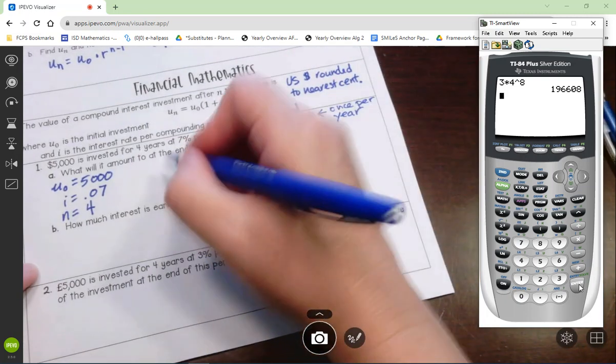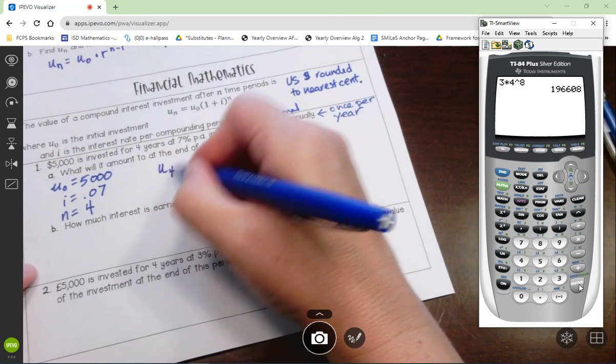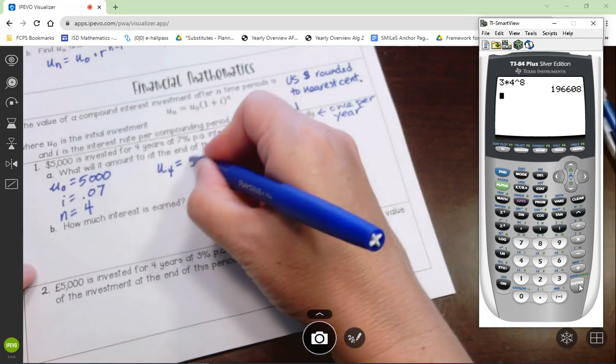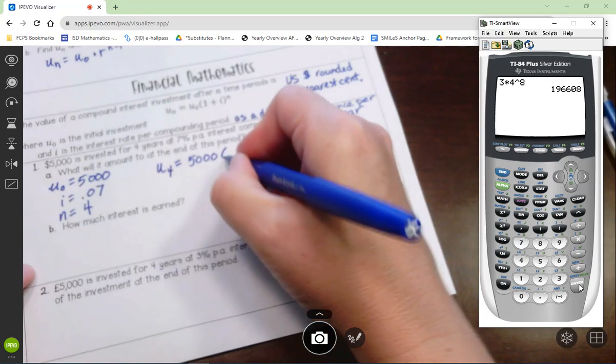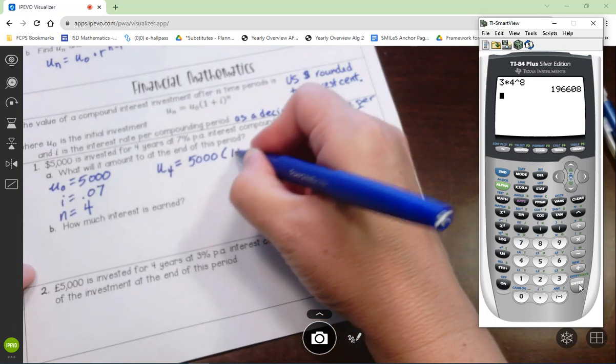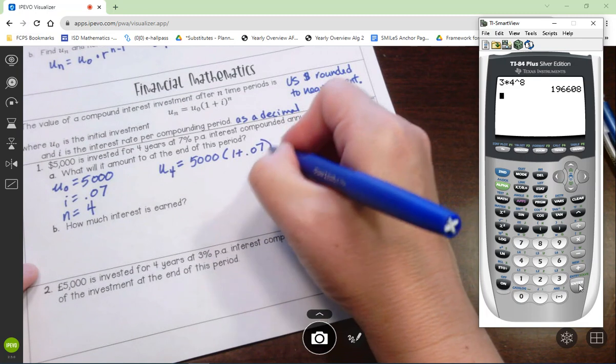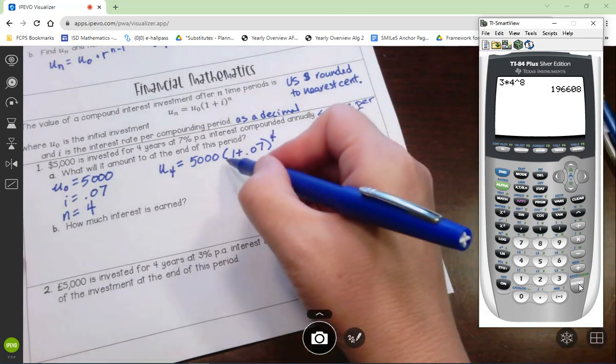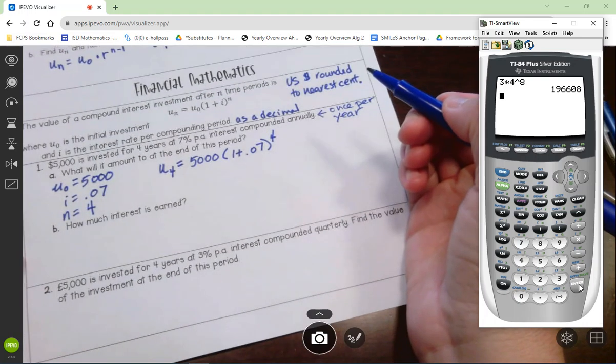So u sub 4, the amount of money after 4 years, is going to equal $5,000 times 1 plus 0.07 raised to the 4th power. Now, some of you in your head can add 1 plus 0.07 to make 1.07, and you can write it that way.